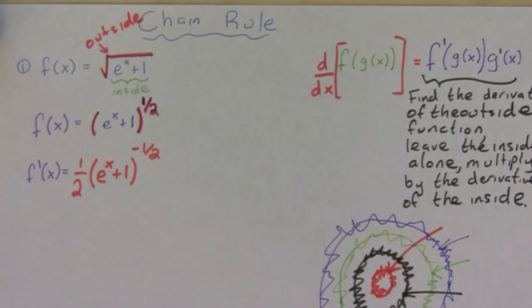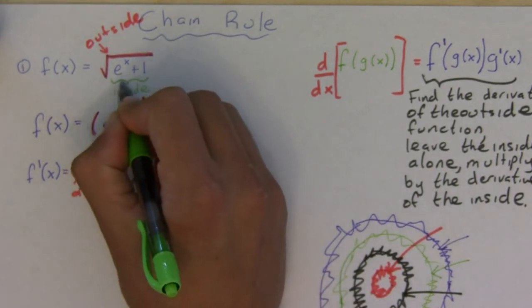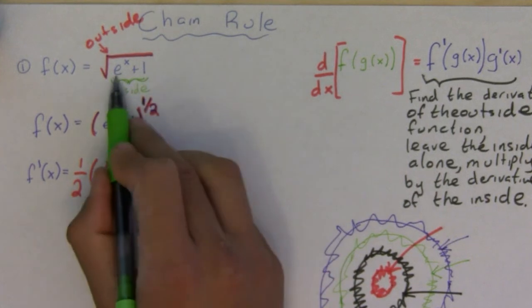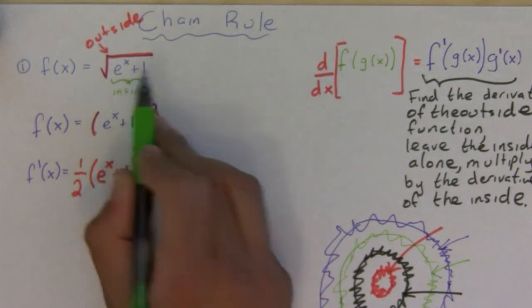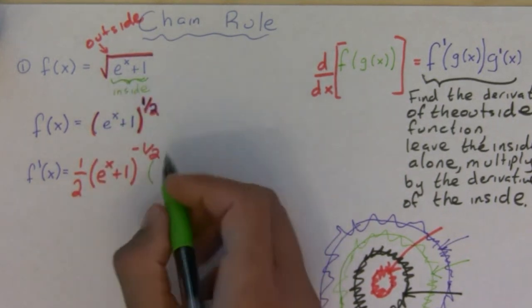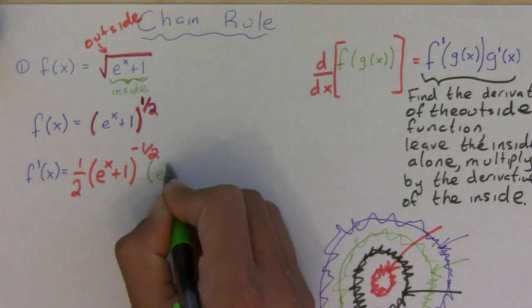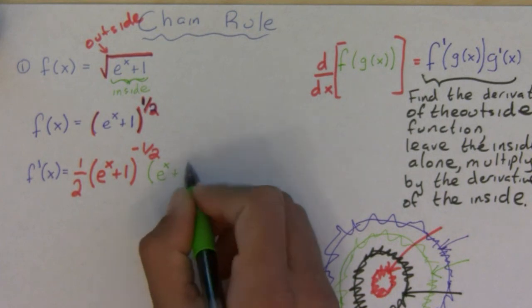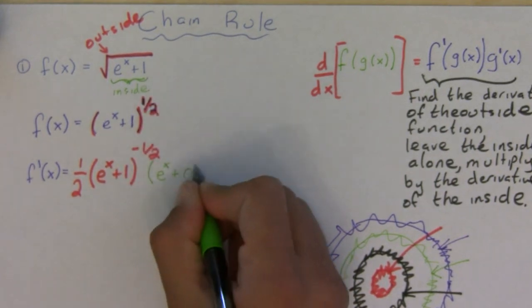So now we move in. This is kind of like we've cracked the first layer of the shell. We're moving into the next one, the inside. So now we want to get the derivative of the inside. Well, the derivative of e to the x plus 1, we just find the derivative of each one. The derivative of e to the x is just itself, e to the x, and then plus the derivative of 1, which is 0.